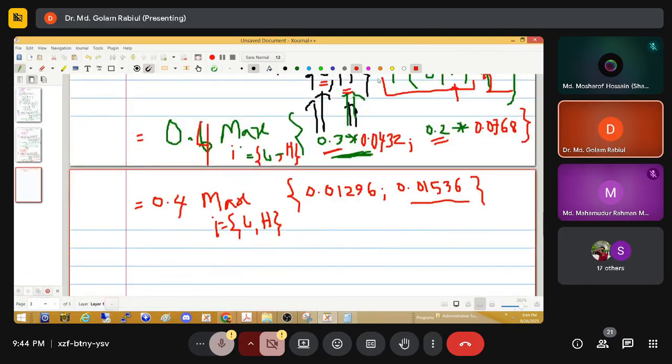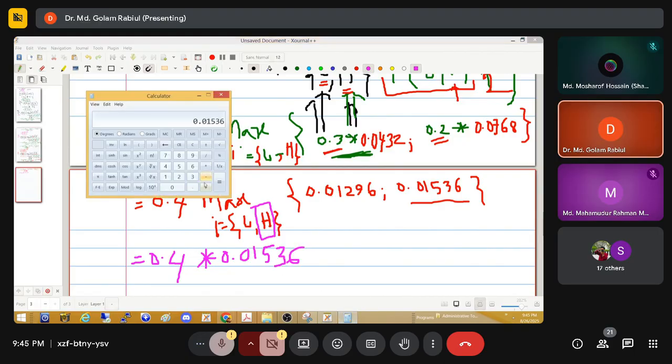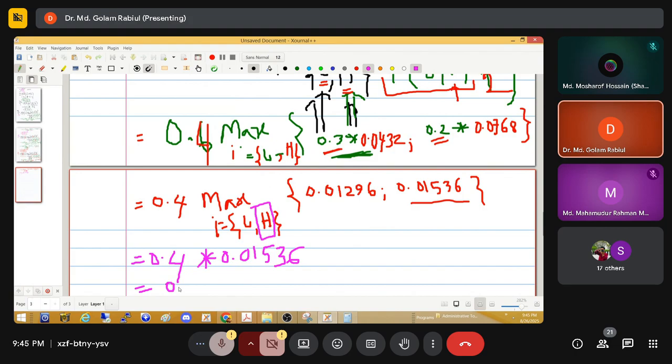This one is actually from H. It is 0.4 times 0.01536, which is 0.006144. Okay, so this is our V3L.